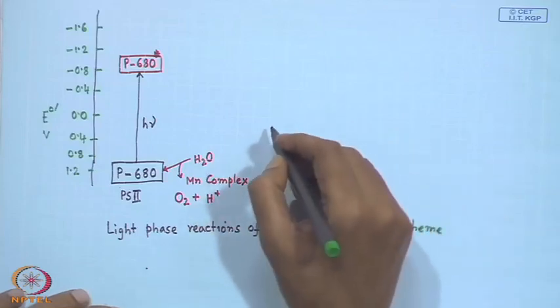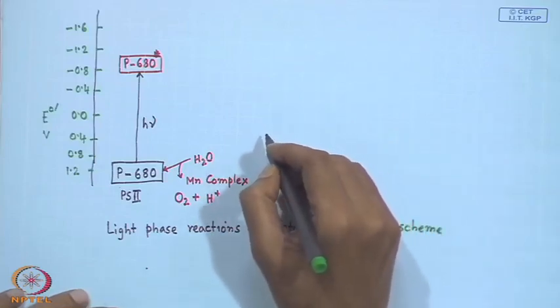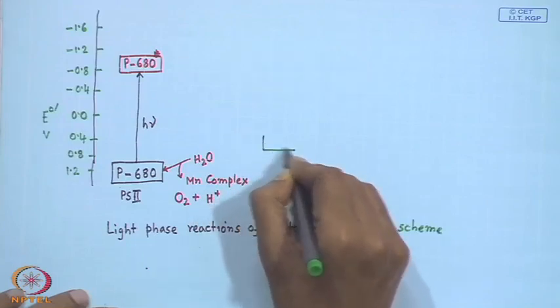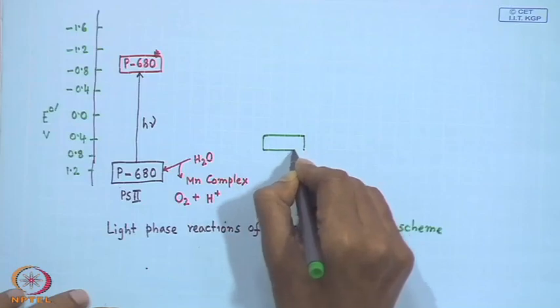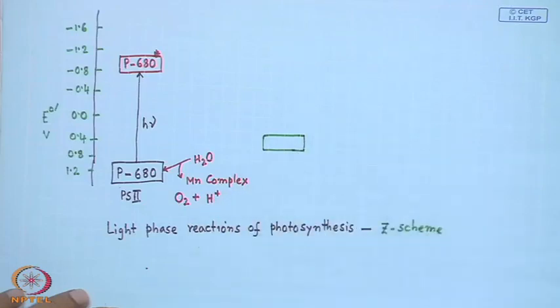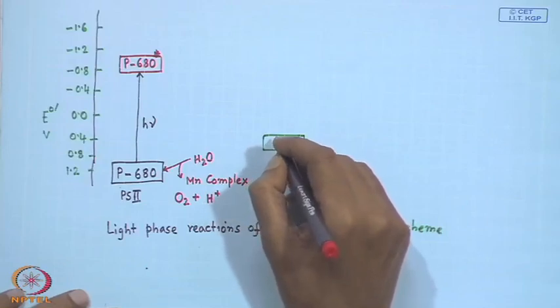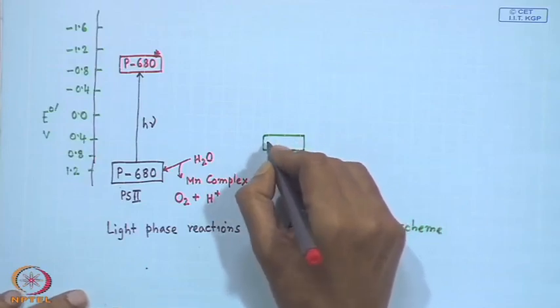So, here for photosystem 1, close to 0.4 volt, we have the reaction center, and we already know that PS1 will be operating above 700 nanometer.